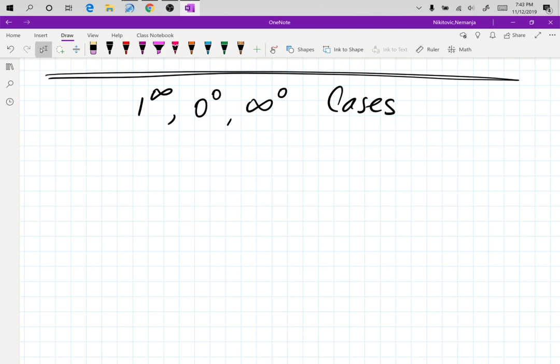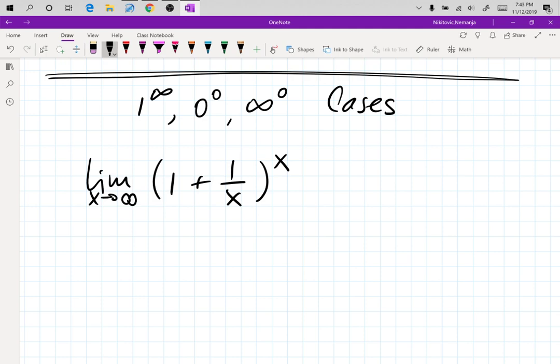The most famous of these cases is limit x goes to infinity of 1 plus 1 over x raised to the x. Does anyone know what this is?